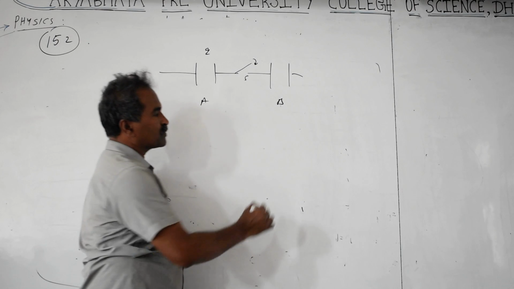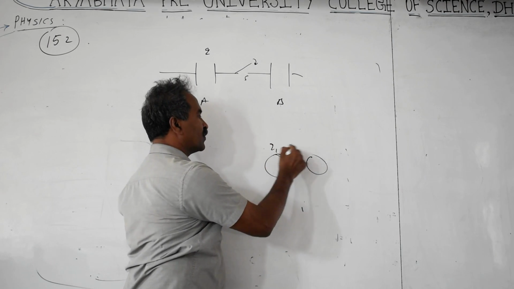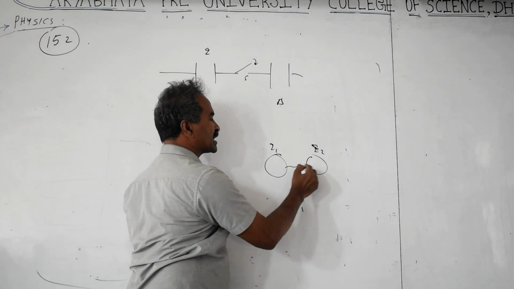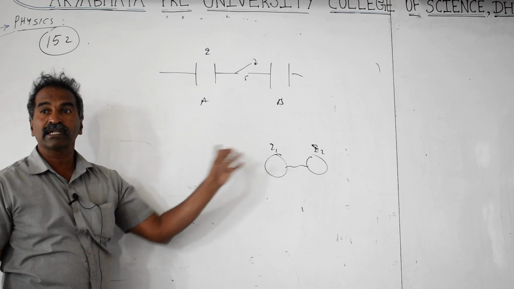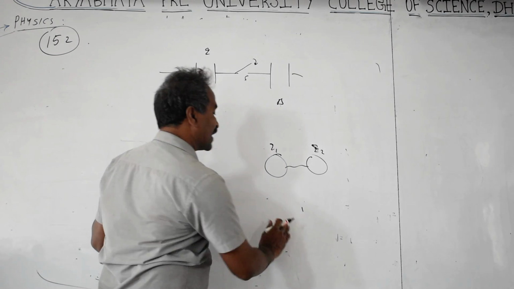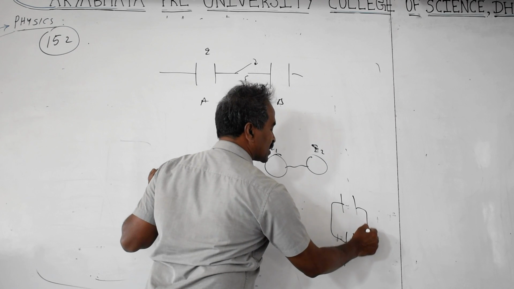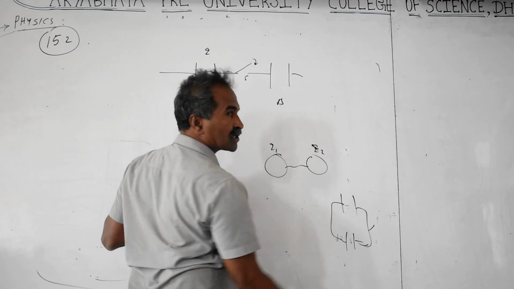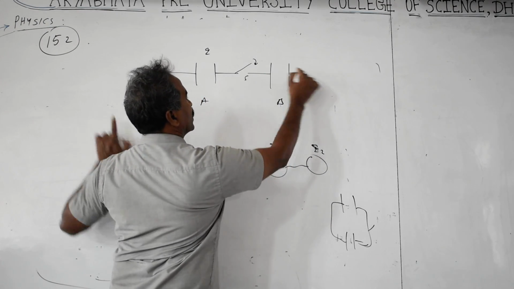If you have two spheres with charges Q1 and Q2, they have different potentials. Charges can travel from one sphere to the other until both get a common potential. If we have capacitors in parallel, a closed circuit is there for the charges to flow from one capacitor to the other. But here it is not a closed circuit, just an open circuit.